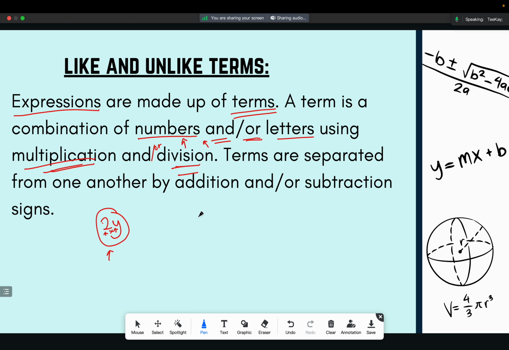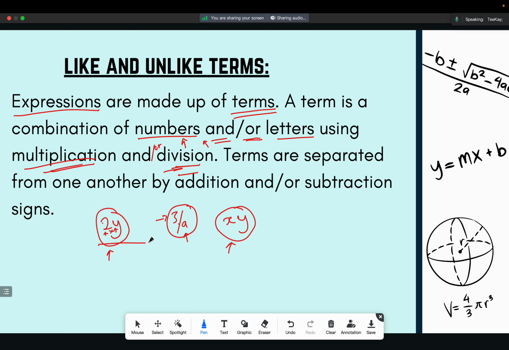Okay, we can have another one, 3 over a. This is a term because we have a number dividing a letter. So we have division. Even if we say xy, this one here is a term.